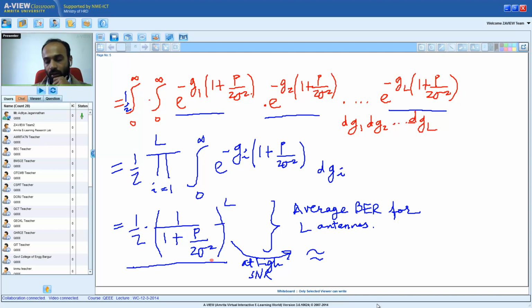That is correct. The bit error rate at high SNR, as some of you are now responding, is half. I have to neglect this term of 1, the additive factor of 1.